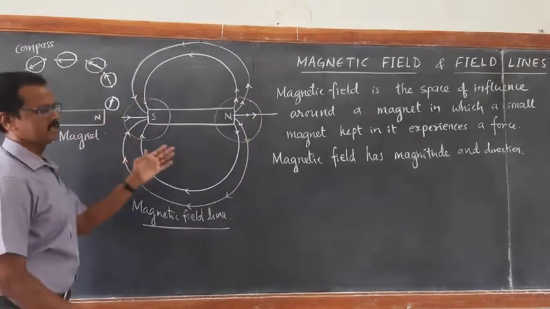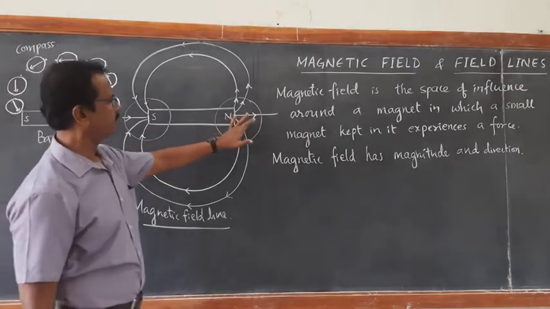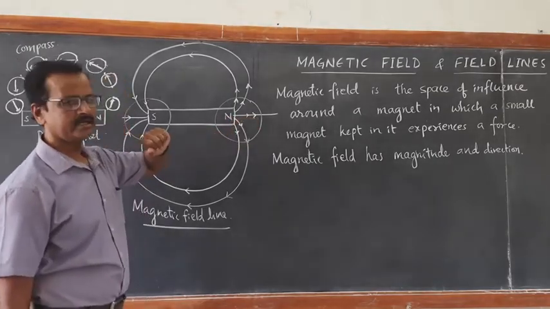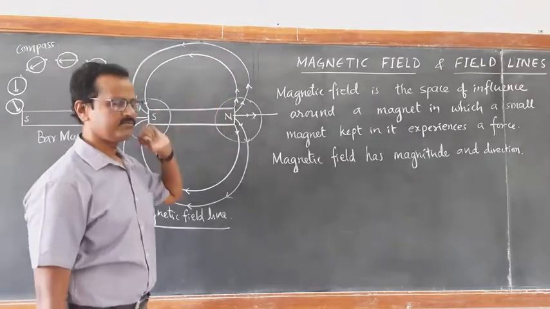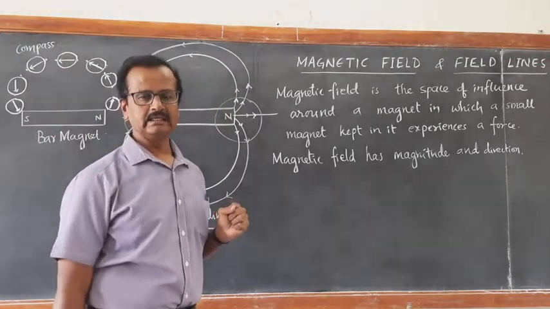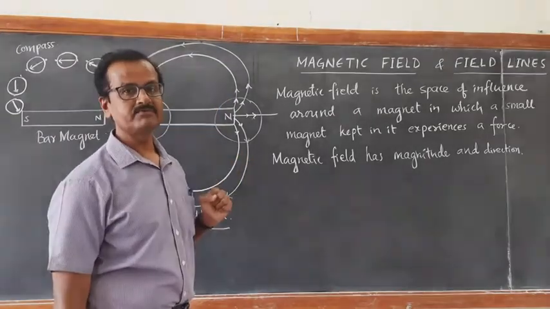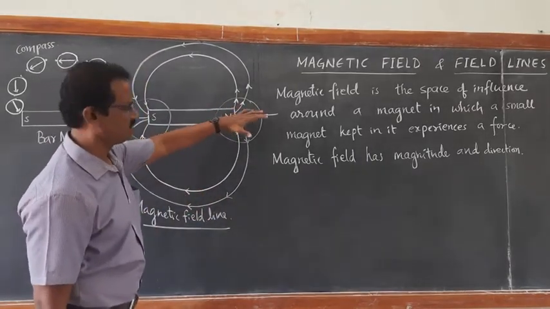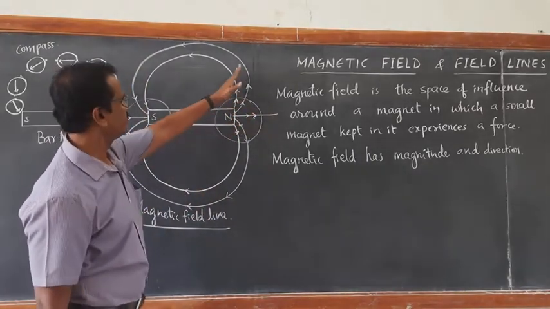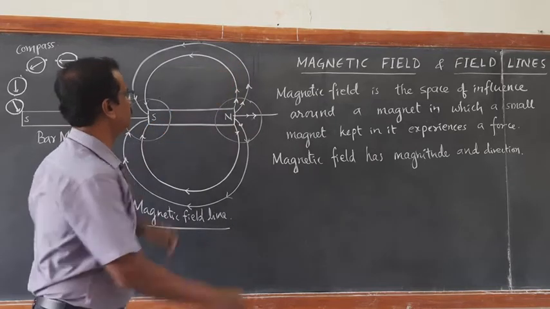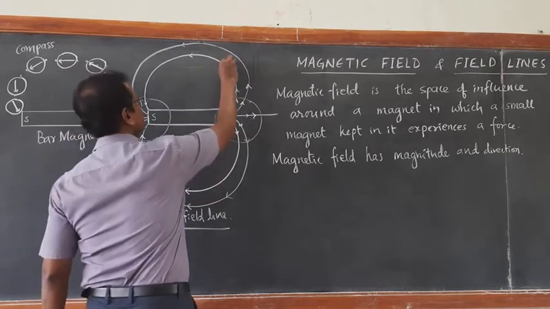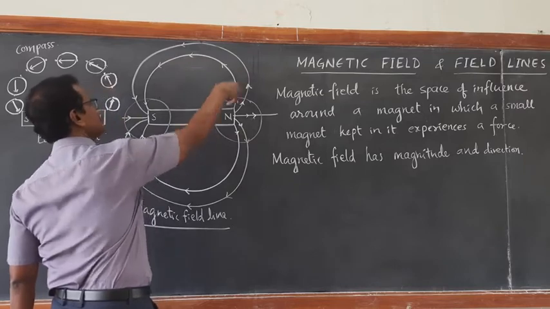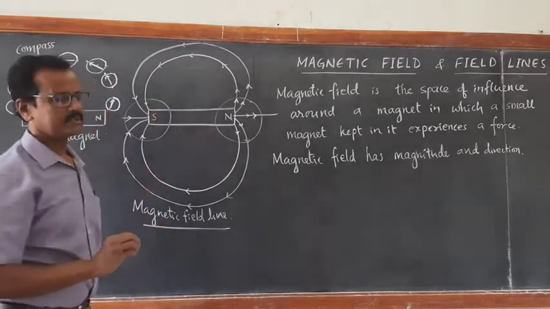And what do these directions indicate? These are the directions of the magnetic field. So the magnetic field direction is not fixed. When you are going in this direction, the magnetic field goes on changing its direction in this curved path.